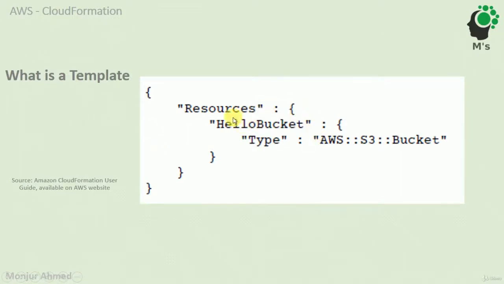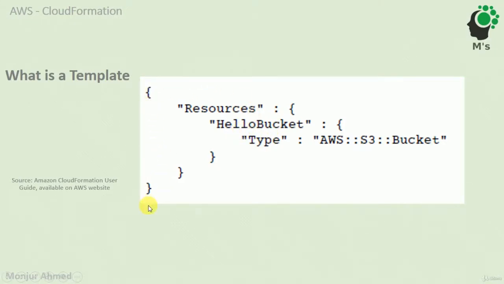This block starts here and ends here, and this block starts here and ends here. So this block belongs to hello bucket, and hello bucket and everything together belongs to the resources block, and they all together make the whole document.